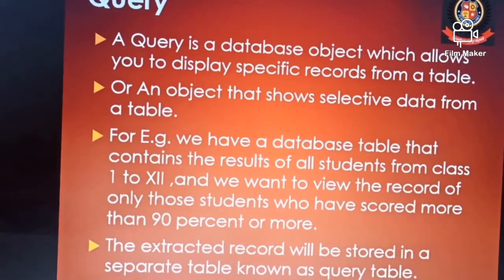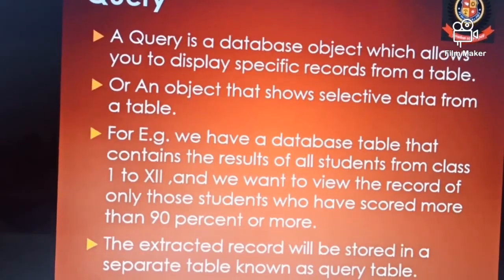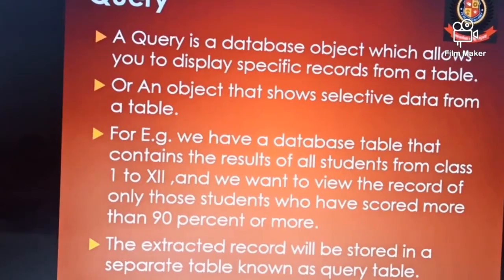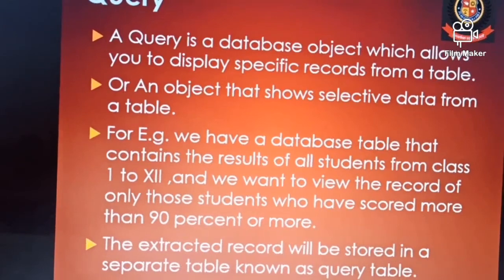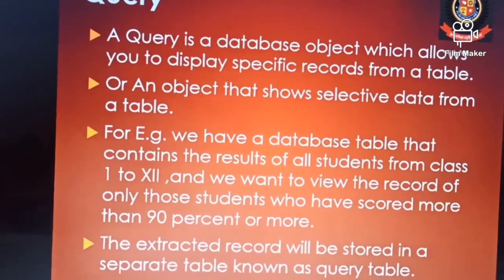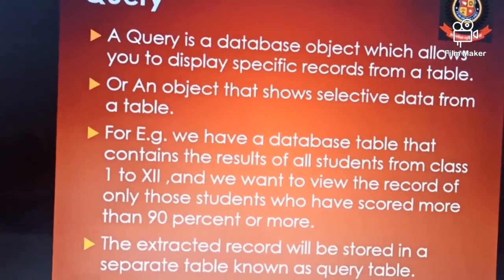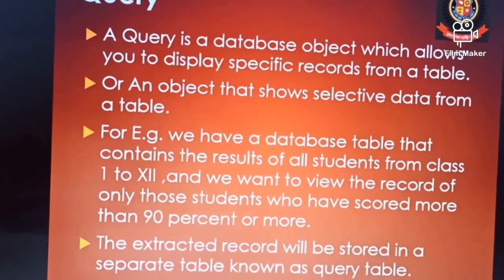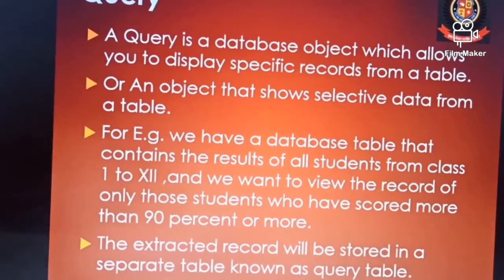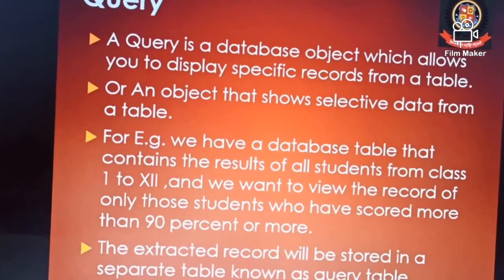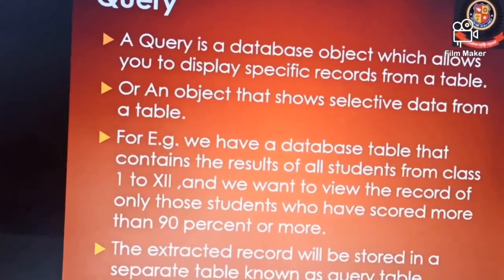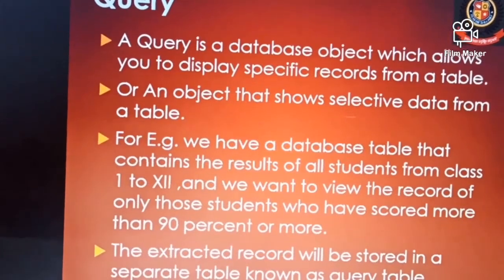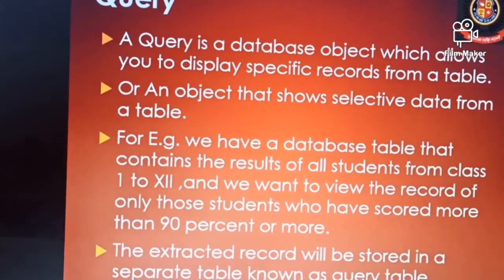From that table, if we want to display only specific records, for example, suppose my table has 7 columns and 8 rows, and out of those I need only 2 columns and 2 or 3 rows, that means I want specific data from that table. That is the meaning of query in MS Access.